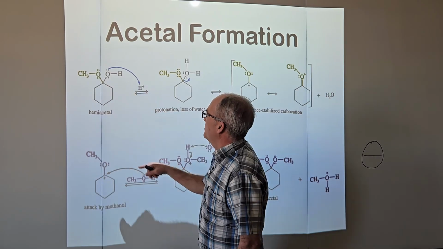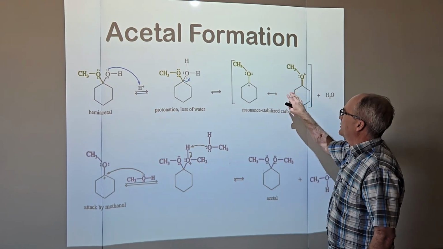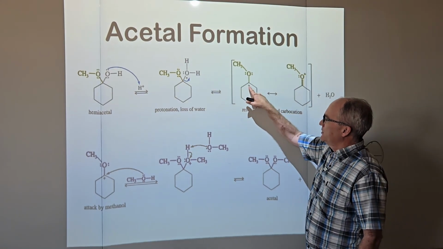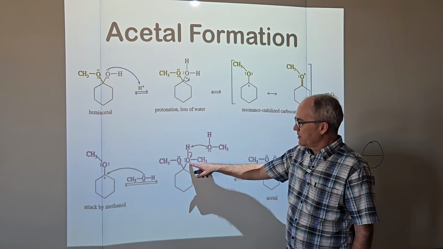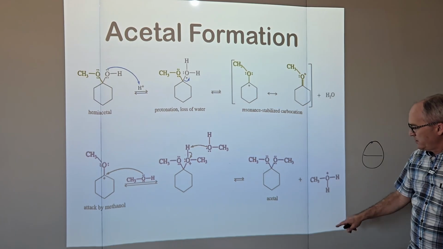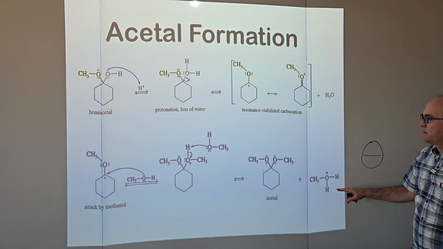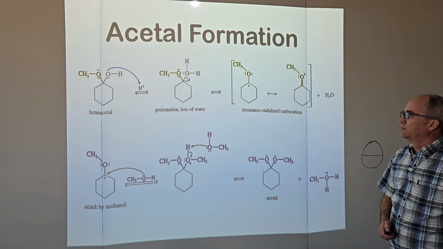We'll protonate the OH, makes a good leaving group. Now we're back almost to where we started. And so the second alcohol can come in right here, attacked by methanol, an oxygen with 3 bonds. And so we've regenerated our acid catalyst, and here's our acetal.